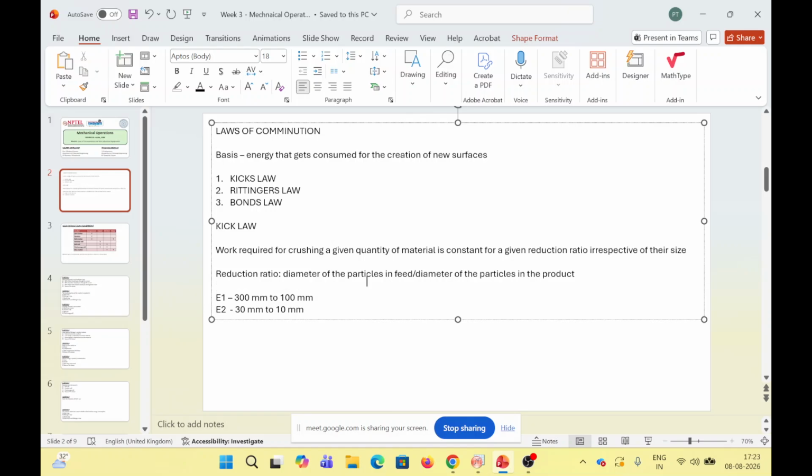In both cases, process 1 with E1 and process 2 with E2, the reduction ratio is 3, right? 300 by 100 is 3, and similarly 30 by 10 is also 3.